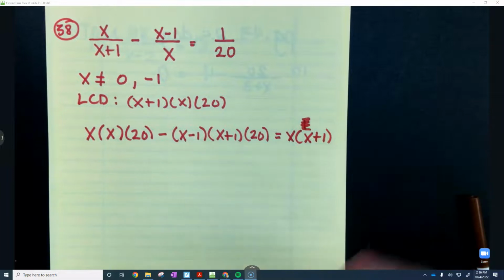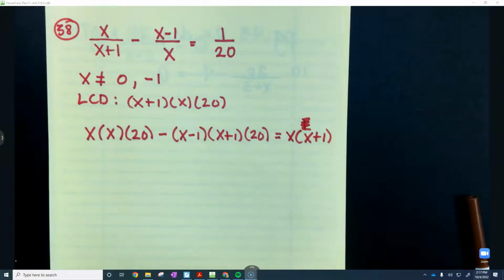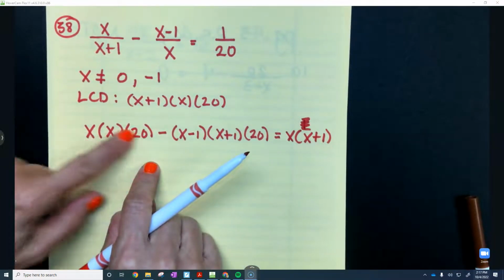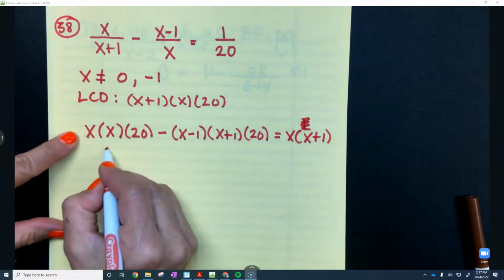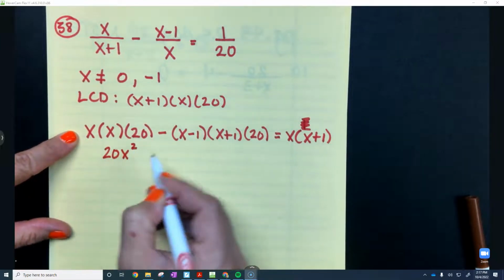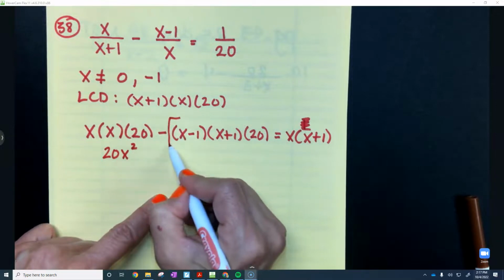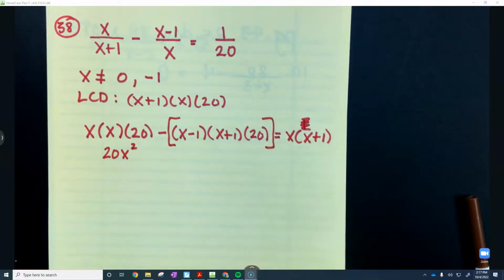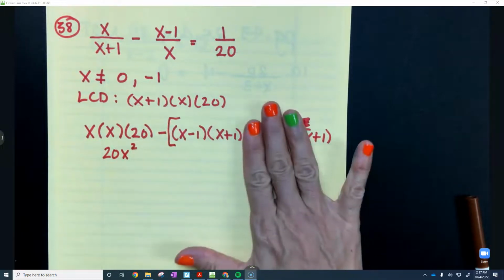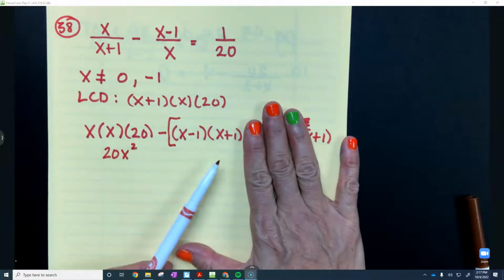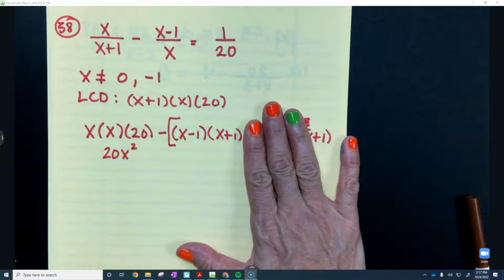All right, let me go through and do all of my multiplication. The product of this is one term right here, minus this is all one product, guys. Y'all, if I cover up the 20, what's x minus 1 times x plus 1? X squared minus 1.